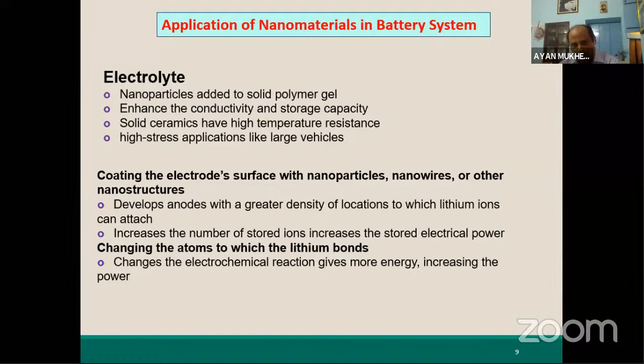The anode or maybe the cathode, we can increase the surface area of them, we can change the bonding of them, and the electrochemical reaction energy, which further increases the power capacity of the material.